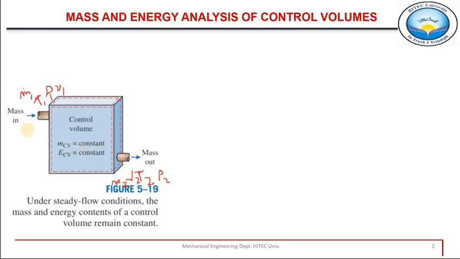And some other thermodynamic properties, for example, at this point its internal energy is U1, its enthalpy is H1, and entropy, which we will study in coming chapters, is another thermodynamic property. All these are thermodynamic properties of the fluid entering the control volume and leaving with some different values at exit.